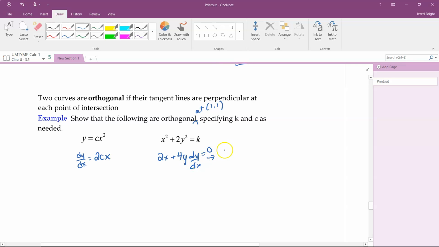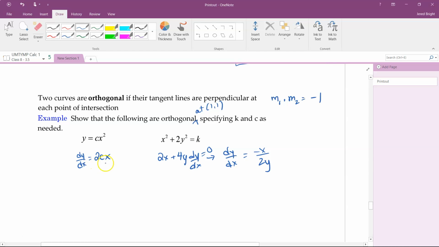And if you solve that for dy/dx, you end up getting negative x over 2y. Okay, and so when we think about them being perpendicular, we remember that if we have two slopes, when we multiply them they would be -1. Another way of saying that is that one is the negative reciprocal of the other.